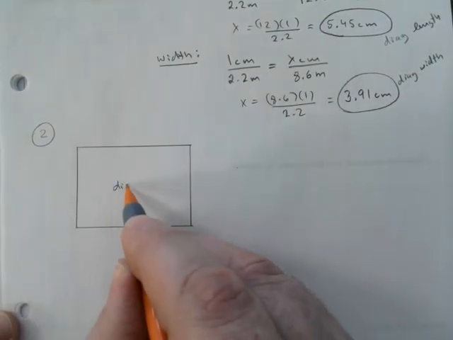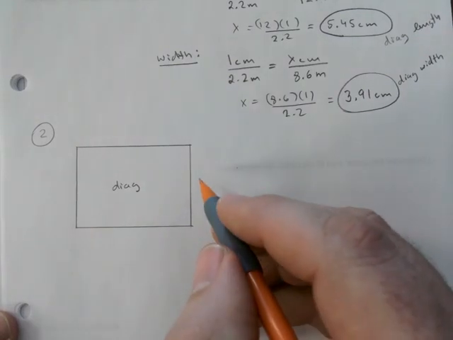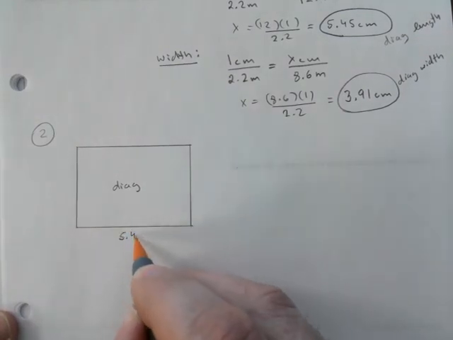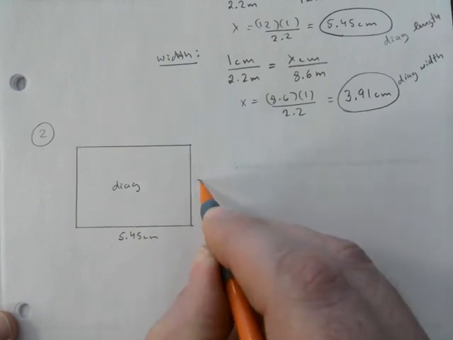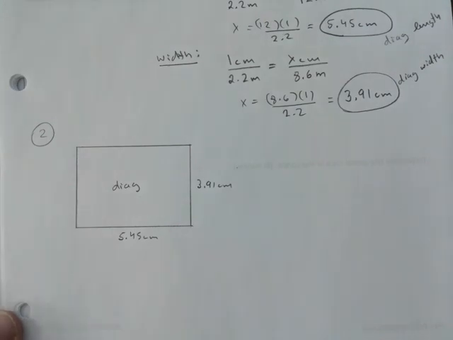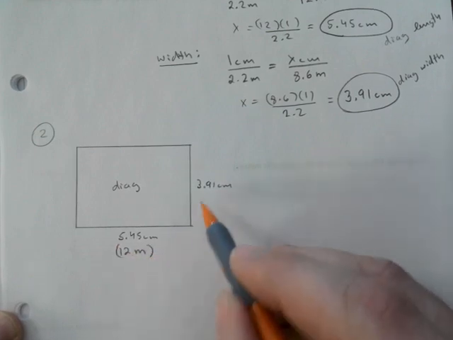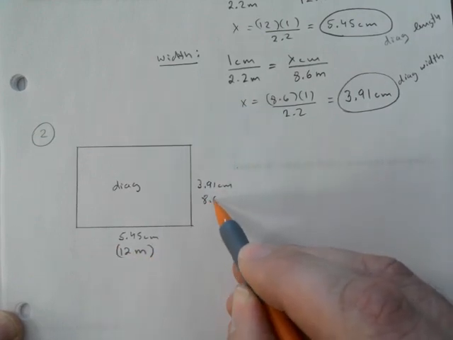This is the diagram. And this is what throws students off. I'm just going to allow you to do both. I don't want you to lose marks for this. Go ahead and do this. Go ahead and do that. But then you're also going to come alongside and just call this 12 meters in brackets, and call this 8.6 meters.